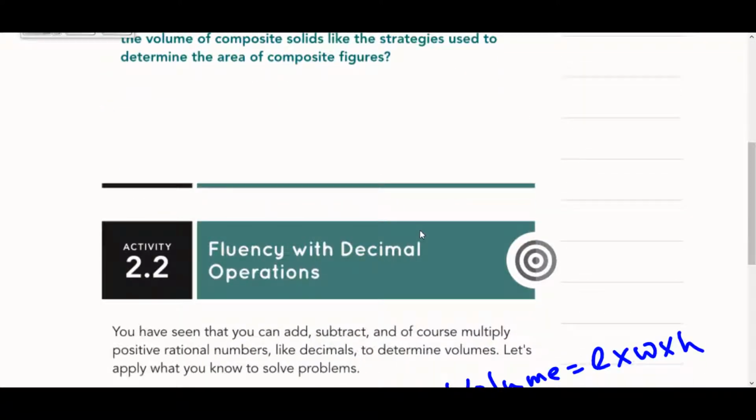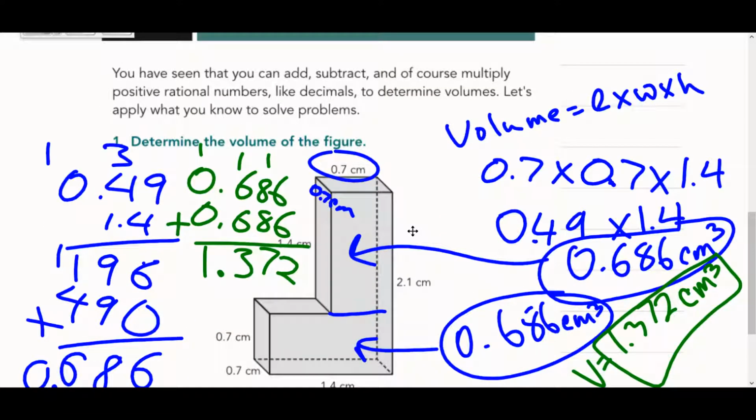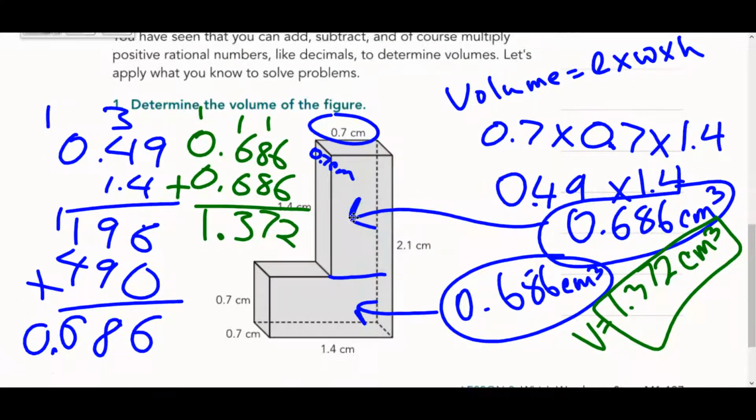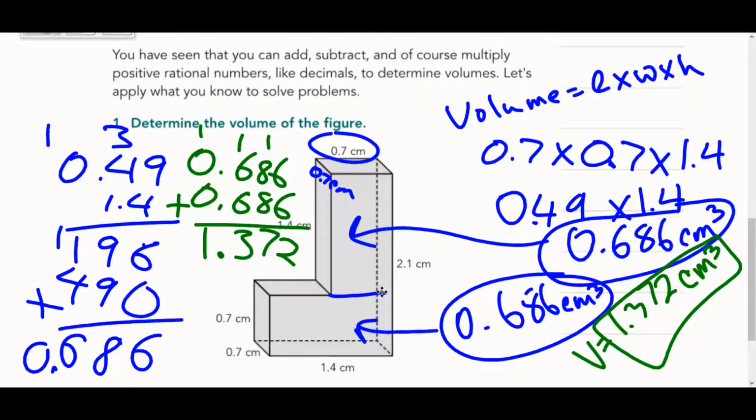So then we looked at, on page 137, this composite solid. And we decided to break it up into two different boxes, or rectangular prisms. What we did is we found that the volume would be 0.7 times another 0.7, because if you follow it around, this is 7/10 centimeters long, as is this, as is this, as is this.